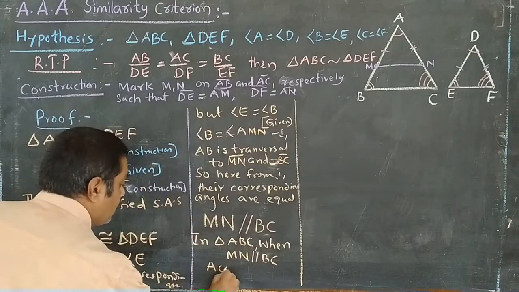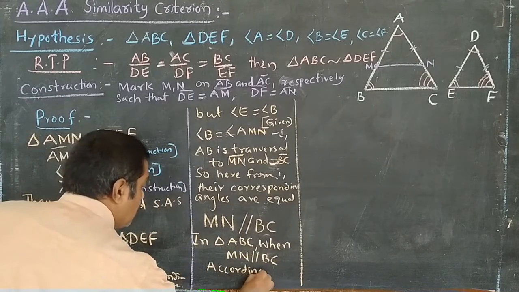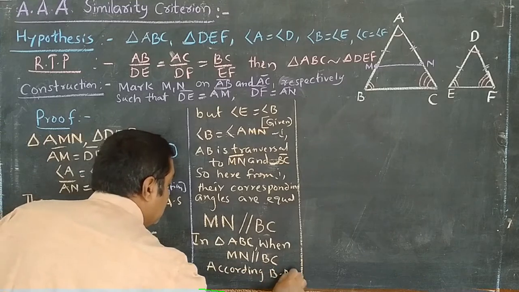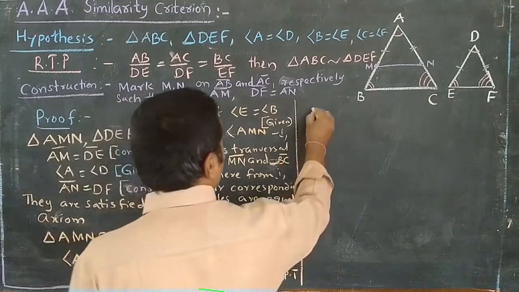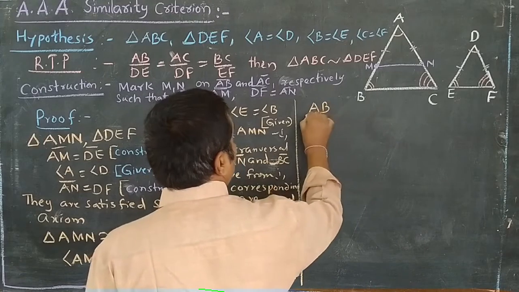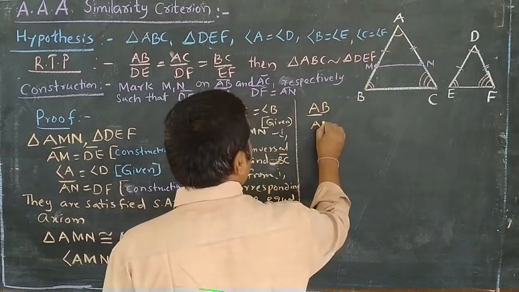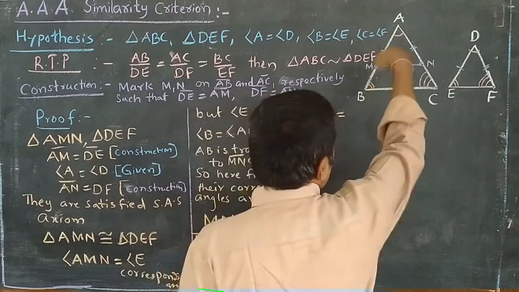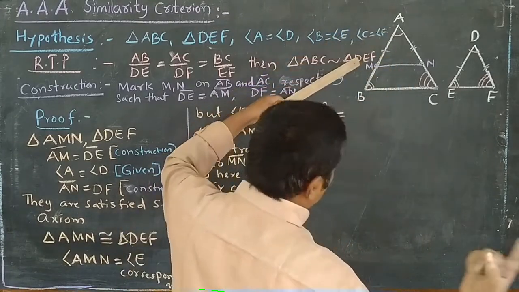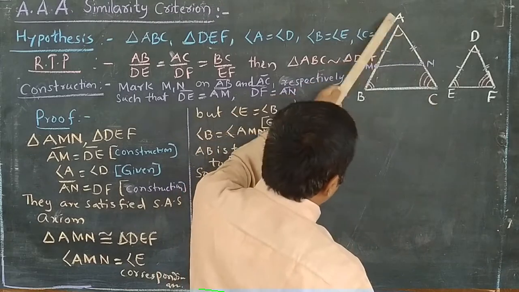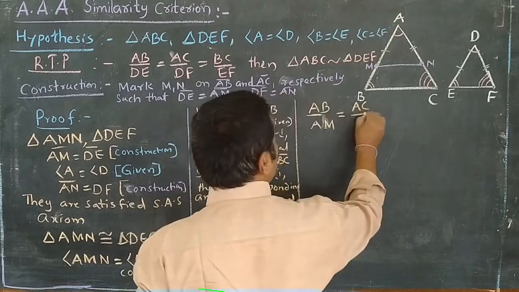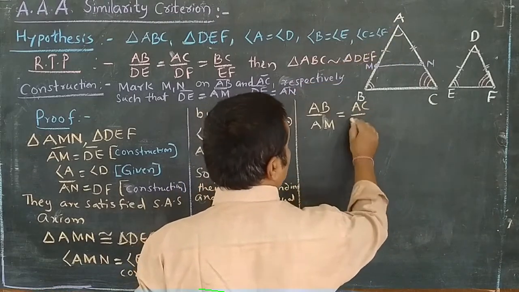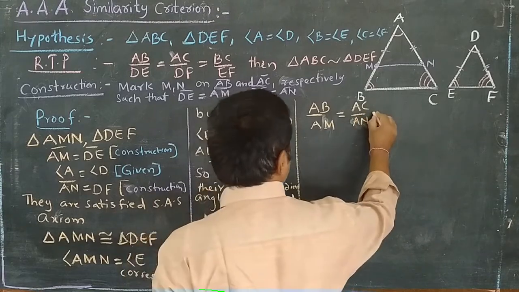according to the basic proportionality theorem, we have to say AB by AM is equal to AC by AN. The auxiliary formula of the basic proportionality theorem we already learned.